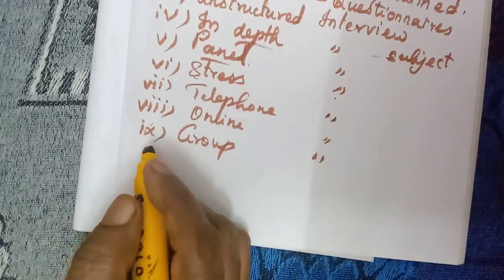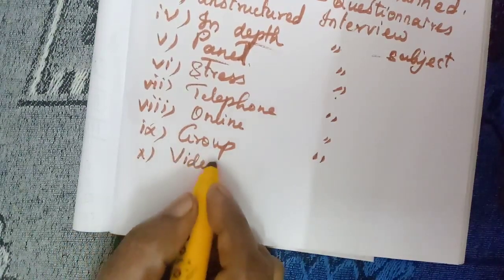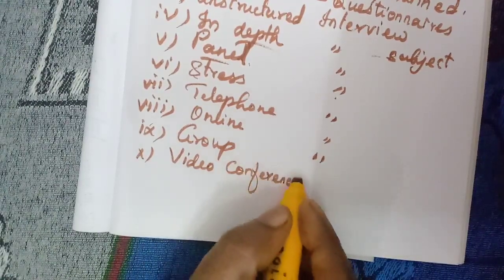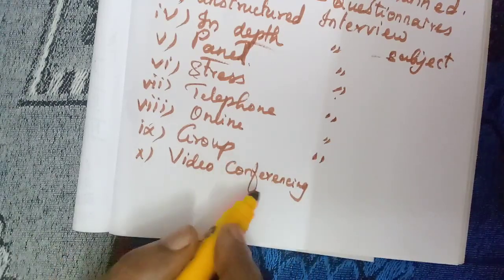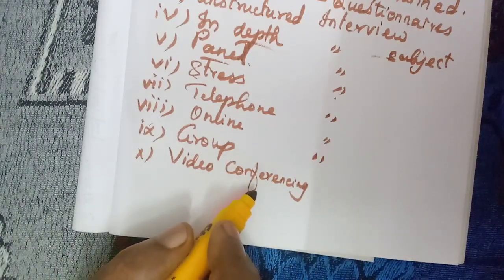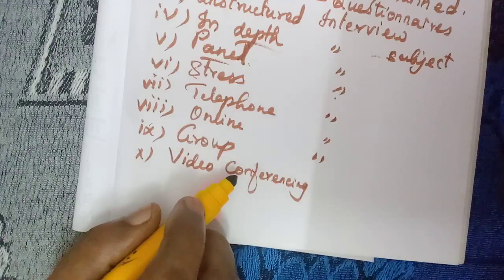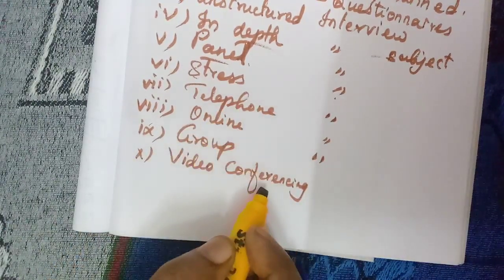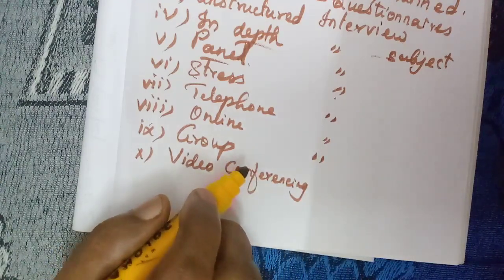Then video conferencing interview. This is not like online interview. Here many people will be asking questions to a particular candidate. This is also like a telephone or online interview where the candidates are not able to attend the interview in person.